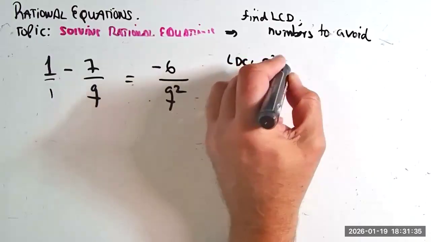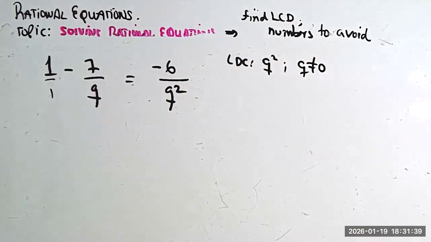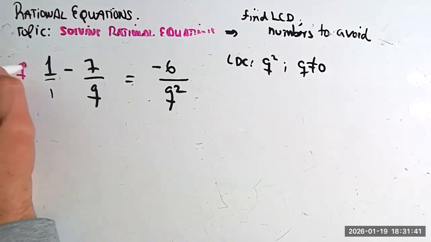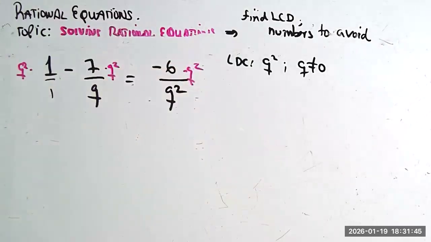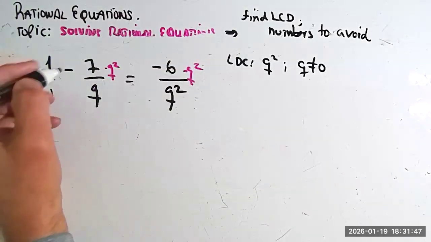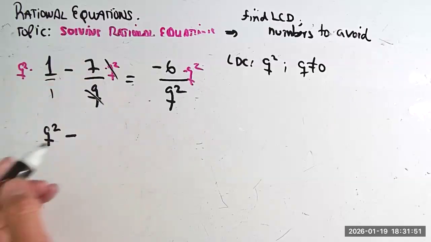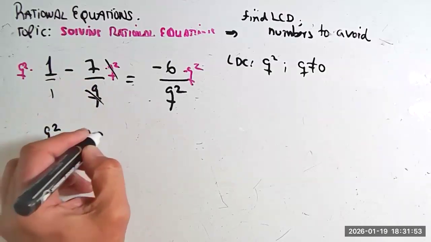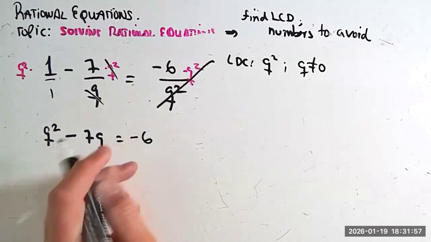LCD q squared, and q cannot be 0. As always, multiply by q squared each term. And let's see what type of damage we make. 1 times q squared is simply q squared minus, this over this is q times 7, negative 7q equals negative 6.